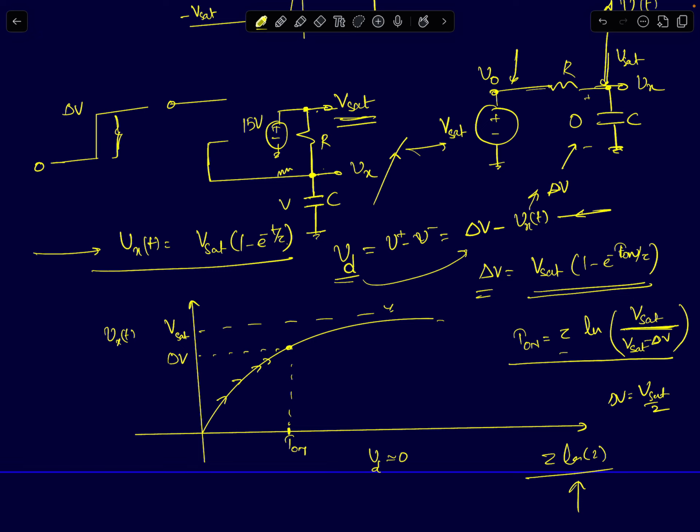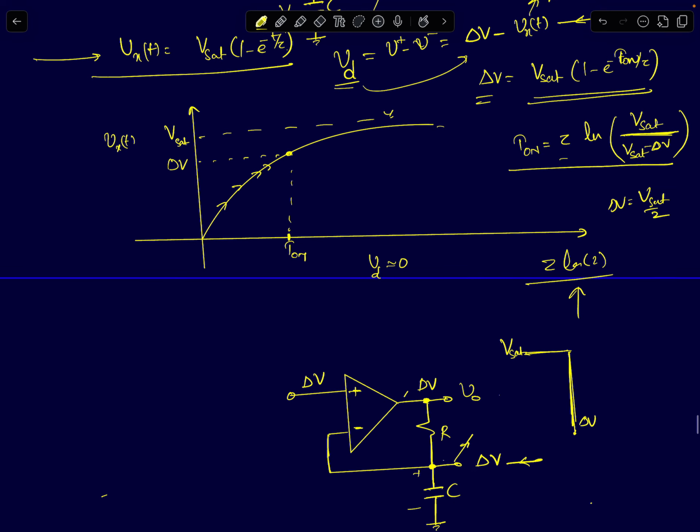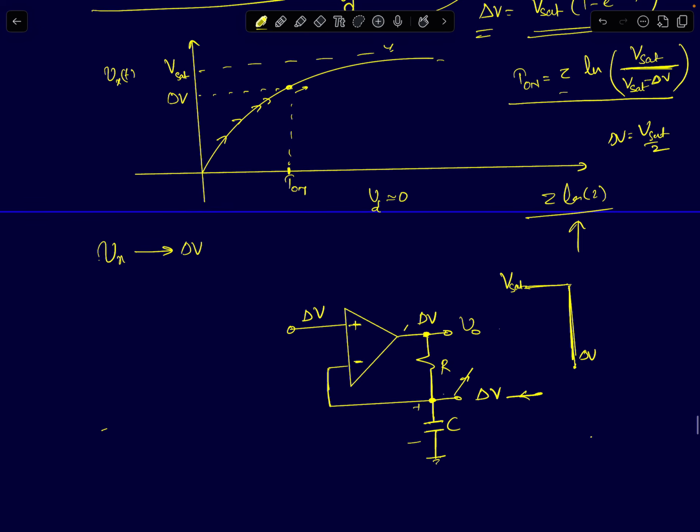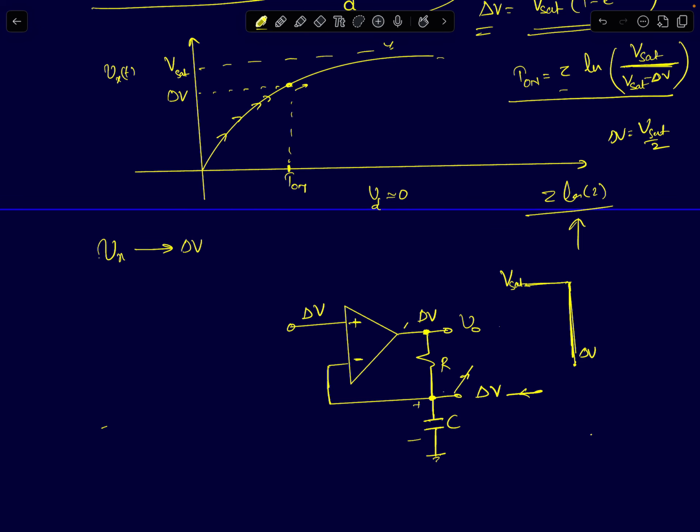Now what happens when the node voltage Vx of t approaches delta V, and increases slightly above delta V? What happens to the circuit? The output node voltage will now start decreasing. It will try to go to minus Vsat.